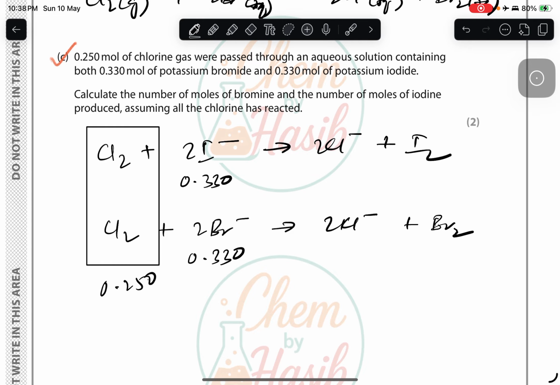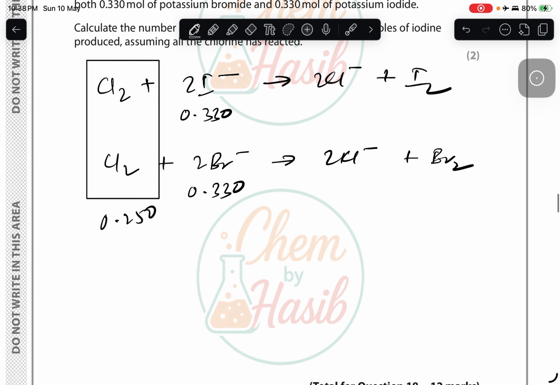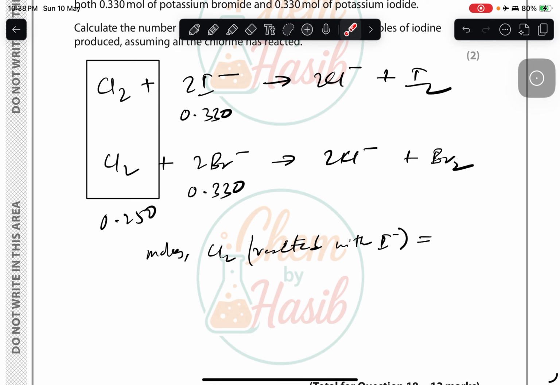So initially we find the number of moles of chlorine that reacted with I minus. Now the mole ratio is 2:1, right? So this would be equal to half into 0.330, which is 0.165.